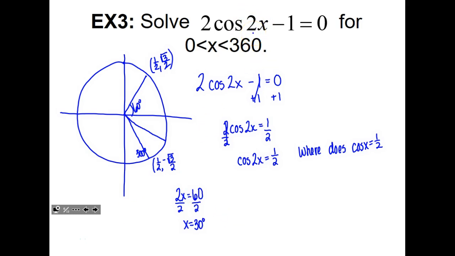If we plug in 30, when there's that 2 there, it'll be 2 times 30, which will give us 60. All right. But 300 would also work, correct? So 2x could also equal 300. We could divide by 2. x equals 150. Okay?